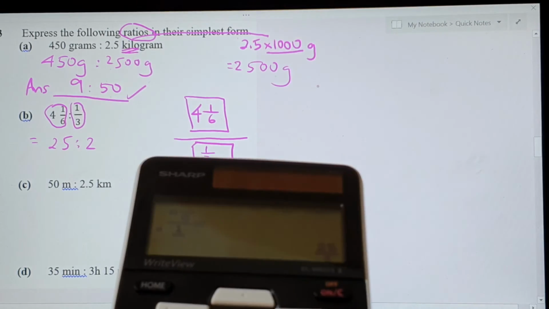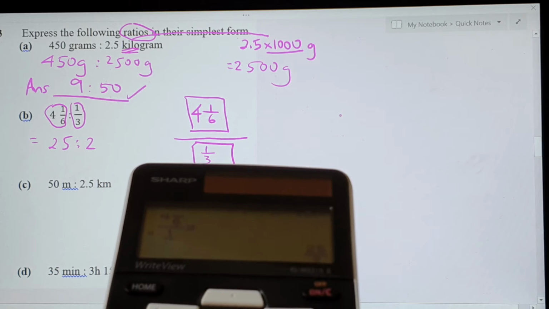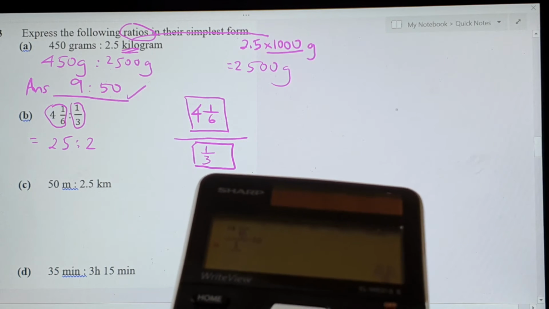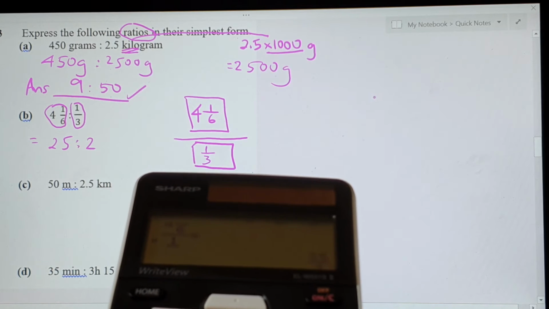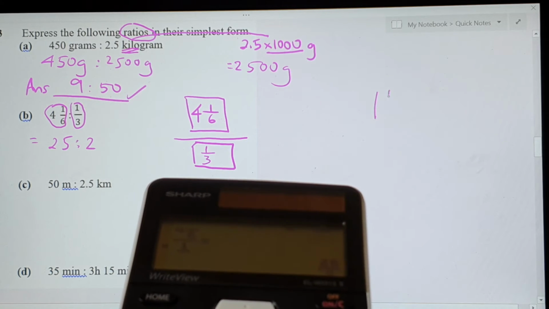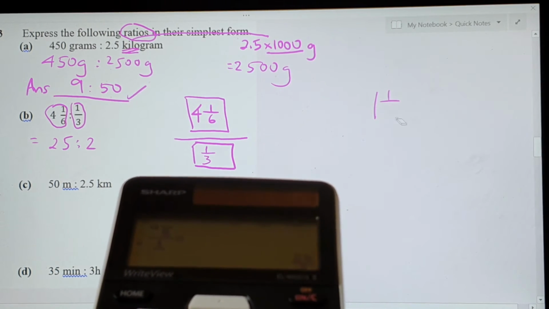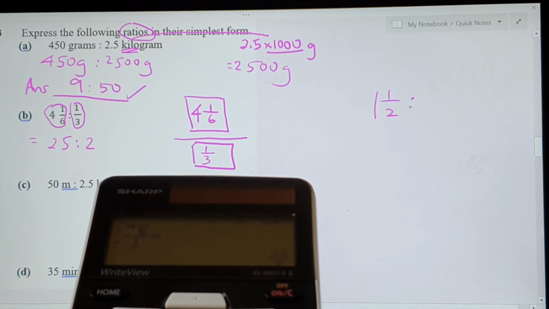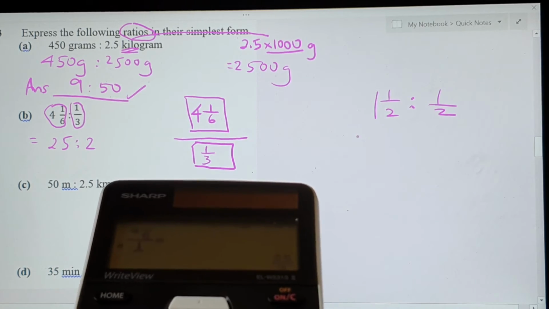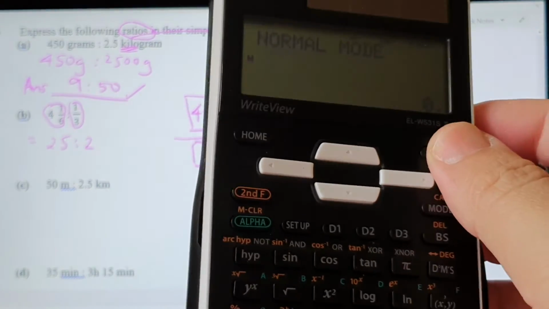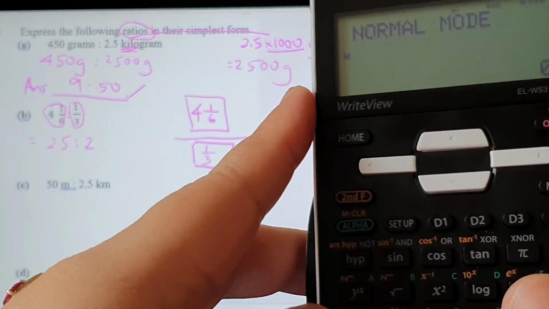Now class, let's say you press 1.5, right? Oh, sorry, 1.5. You can go and try on your own, okay? 1.5 is to half. I show you how to press 1.5 and then half.